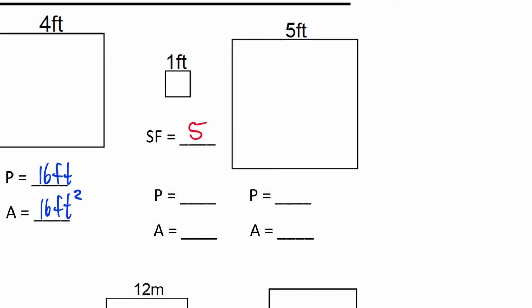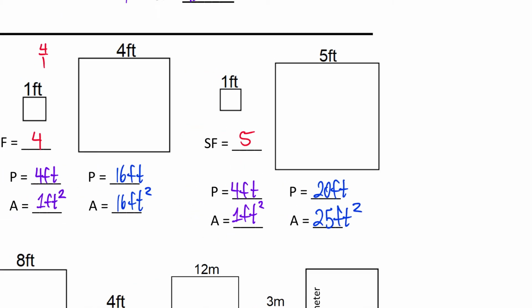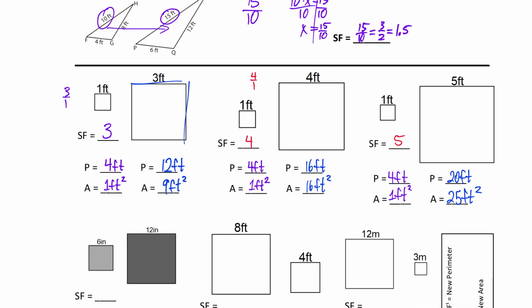Good, it's 5, right? 1 times 5 is 5, or if you put new over old, 5 over 1 is 5. What's the perimeter of this first square? It's 4, and the area is 1. What's the perimeter of this one? It's 20 feet. What's the area? 25 feet squared. Okay.